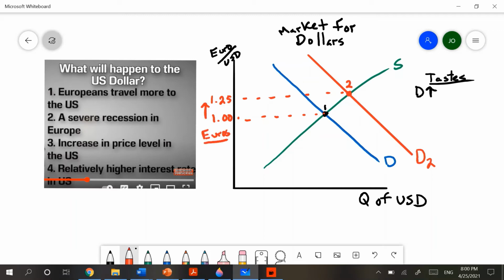So what does this mean? Let's put it into words. That now it takes 1.25 euros to buy $1.